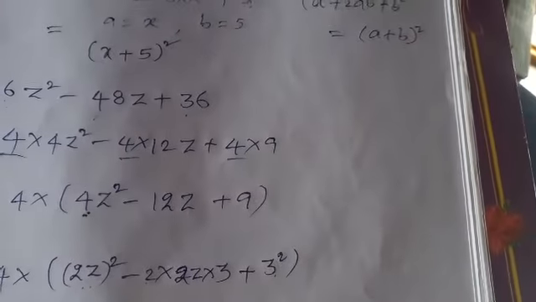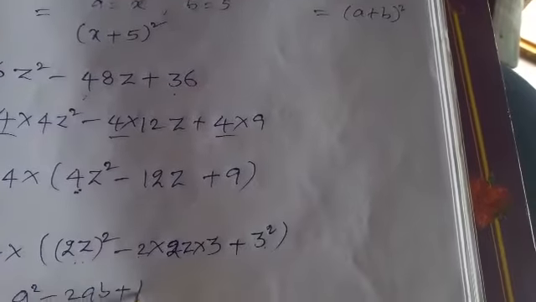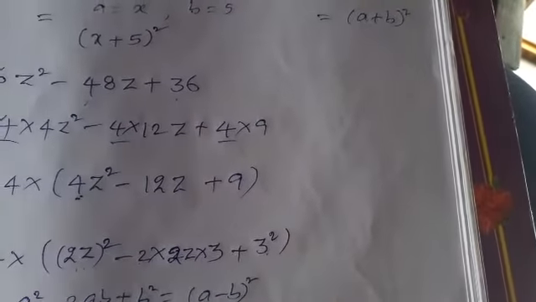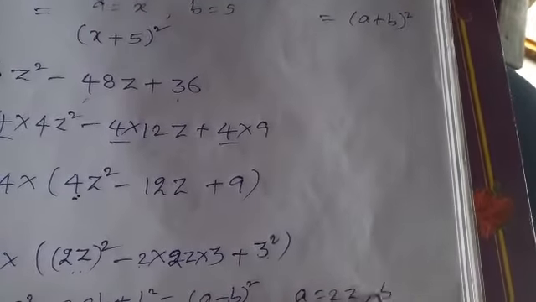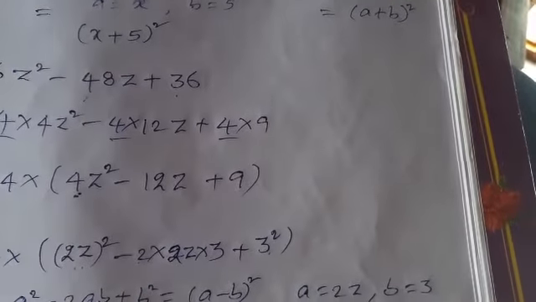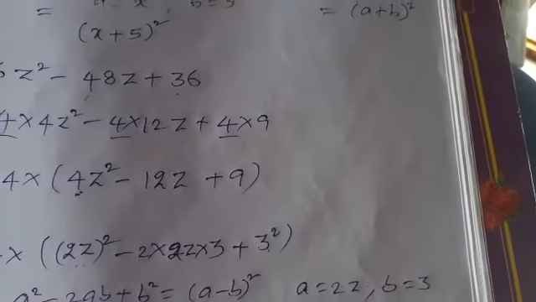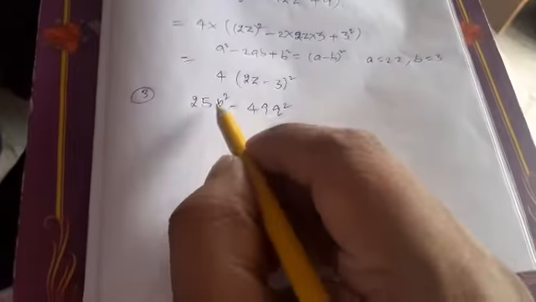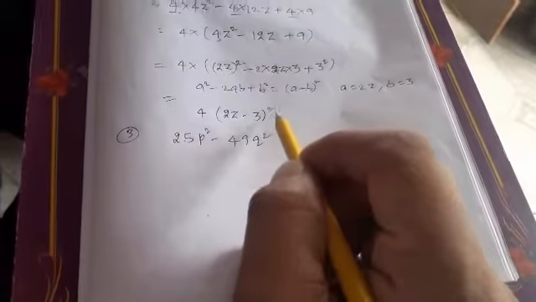Now this can be written as a square minus 2ab plus b square equal to (a - b) whole square. By observing here, a equals 2z, b equals 3. So this can be written as 4 into (a - b) whole square. What is a? 2z. What is b? 3. So this is 4 into (2z - 3) whole square.